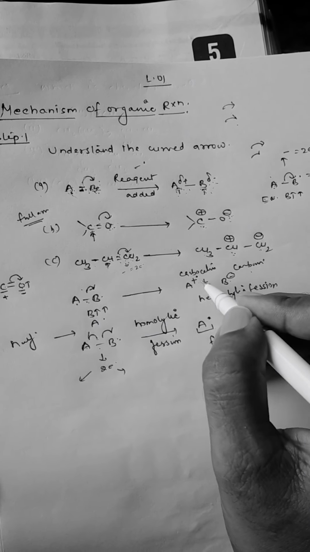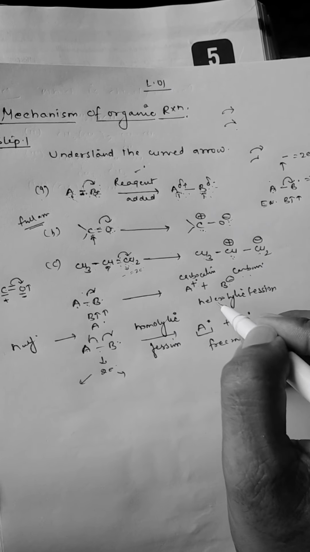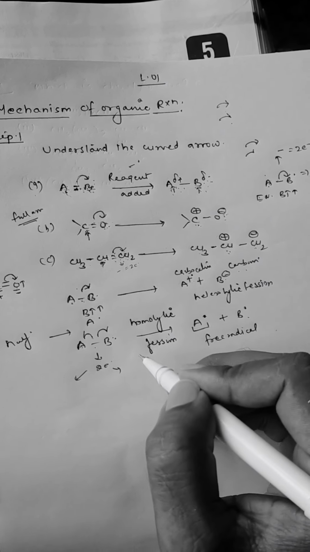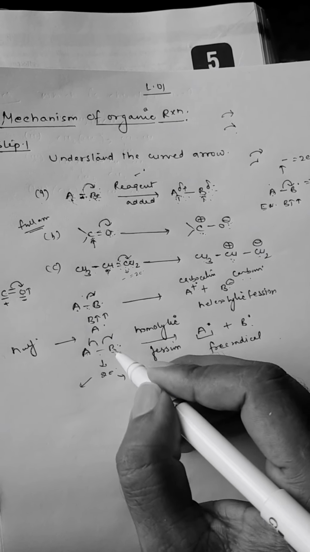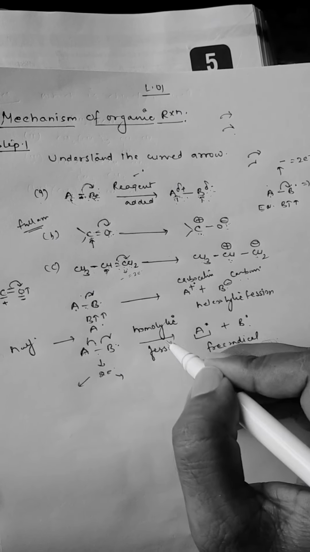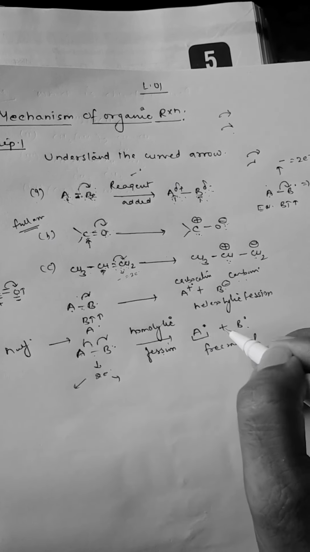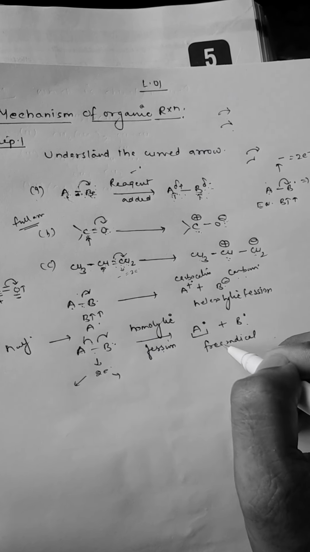Carbocation and carbanion formation takes place, and this type of fission is called heterolytic fission. The next one is where equal sharing of electrons takes place between A and B. This type of fission is called homolytic fission, and since one electron goes to each species, a free radical is formed.